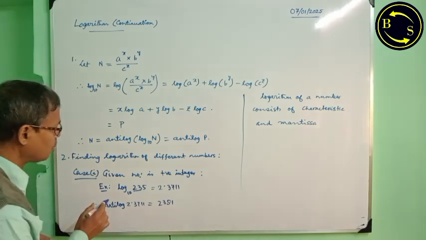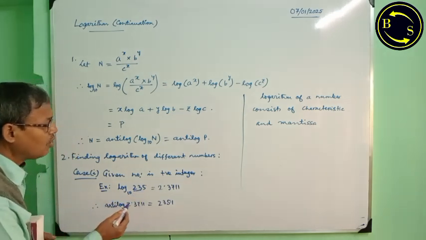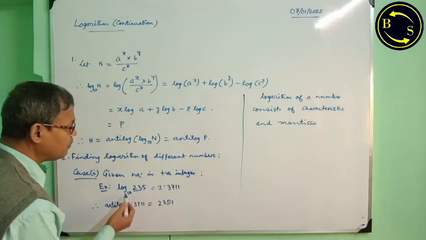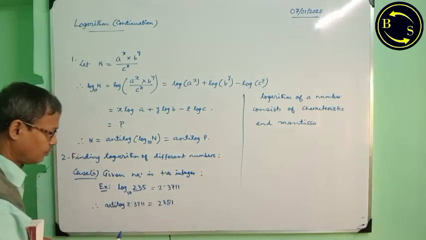Thus we have got the logarithm of 235 as well as the antilog of the logarithm of 235, and finally we get 235.1.